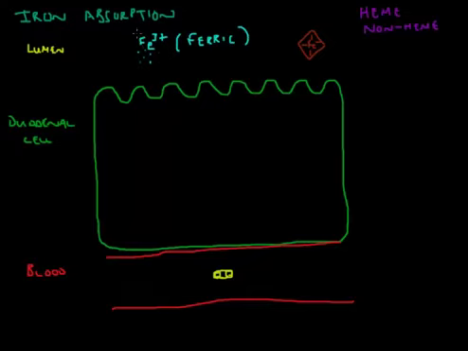Right, so let's start with the Fe3+ iron. Now Fe3+ iron is usually insoluble and very poorly absorbed. So you need something to change the Fe3+ iron into a different form of iron called Fe2+.